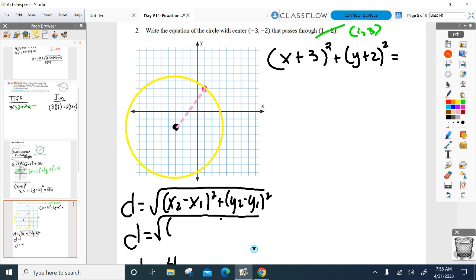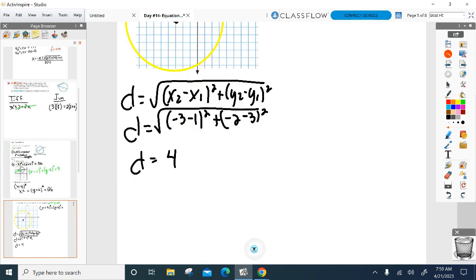All right, so -3 minus 1 squared plus 3 minus, so 3 plus 2 over here. Is that better? Right? -3 minus 1, got it. -2 minus 3, there we go, squared.